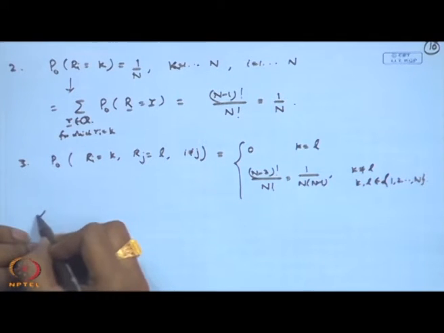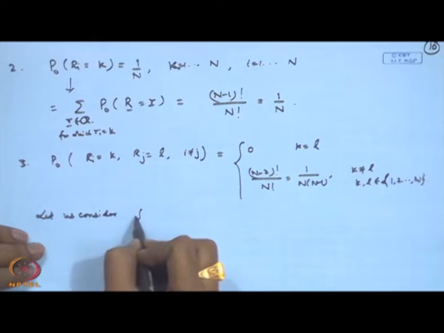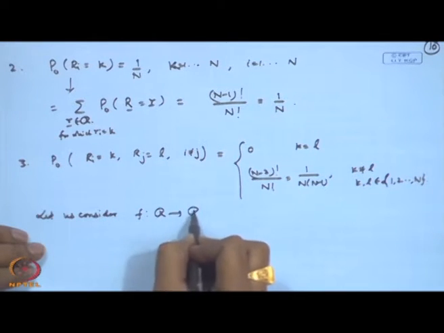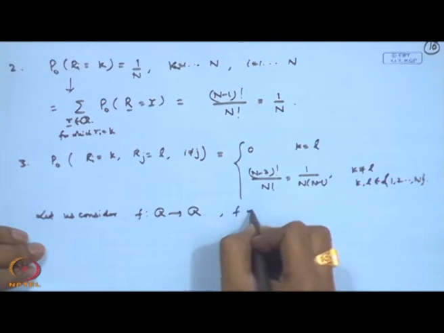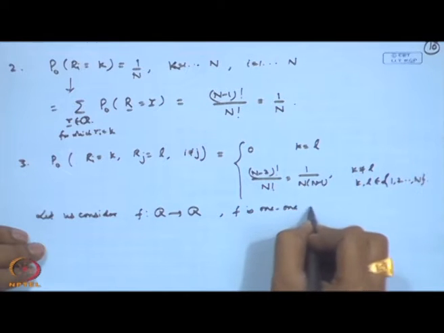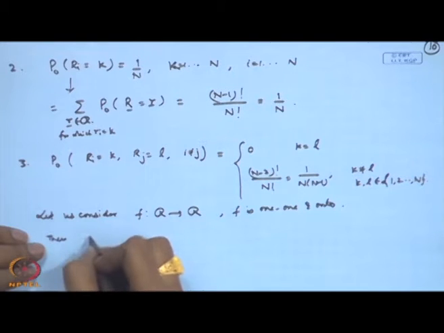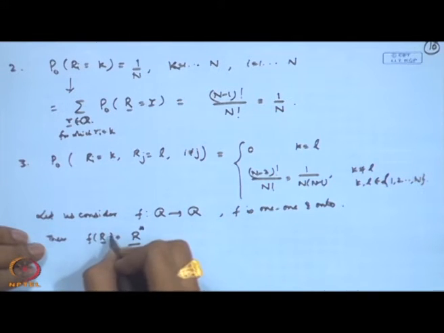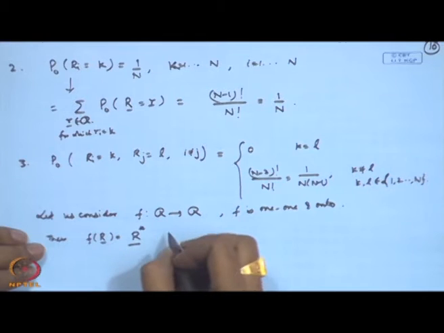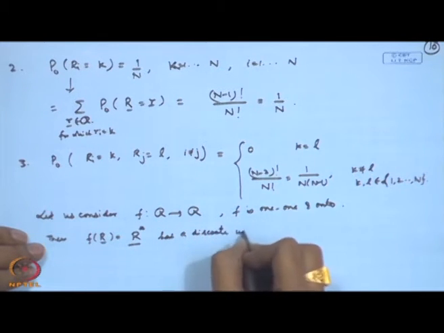Let us consider say a function f which is an onto function from R to R and also 1 to 1, one-one and onto. Then f(R), let me call it R star. So, this is actually a vector here. So, this has a discrete uniform distribution.